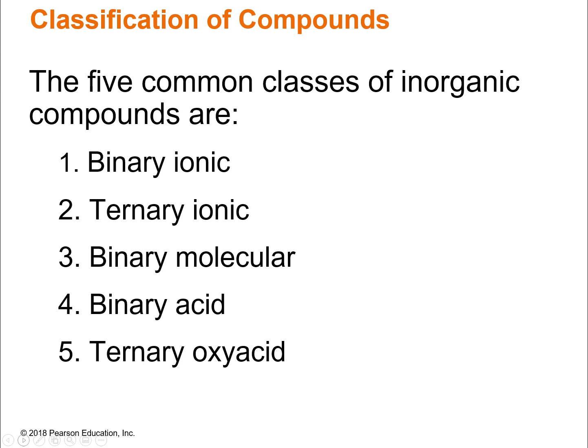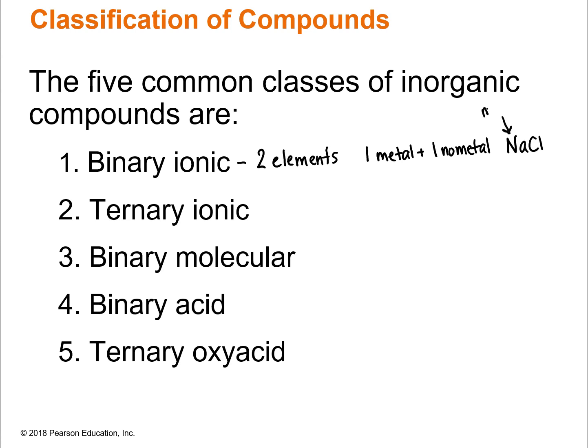The first class is binary ionic. A binary ionic compound is going to be made of 2 elements. This is also something you're going to want to write down because it's going to help you with classifying compounds. Those 2 elements are 1 metal plus 1 nonmetal. An example of that would be NaCl, that's table salt.